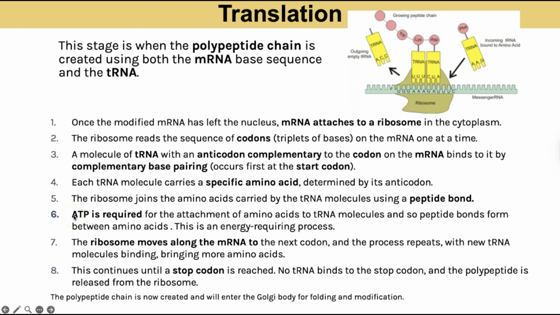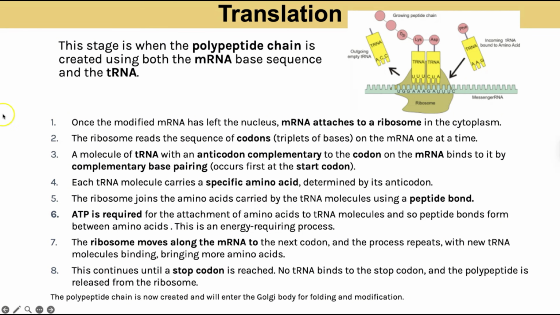ATP is required for the formation of that peptide bond, but it's actually also required to join the amino acid to the tRNA molecule. The ribosome will then move along the mRNA to the next codon. The process repeats with new tRNA molecules bringing more amino acids and binding them. And this will continue until a stop codon is reached.